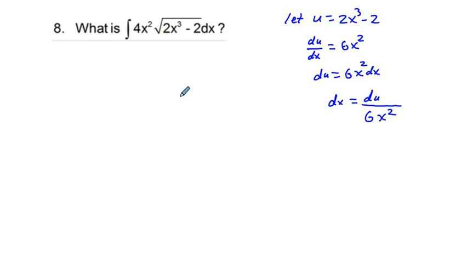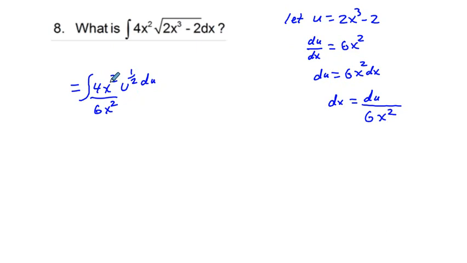And now we're going to substitute in here with the integral of 4x squared, and we're going to have this square root of, well, that's going to be u, so that's going to be u to the 1/2 power, and we're going to substitute for dx, which is going to be du over 6x squared.